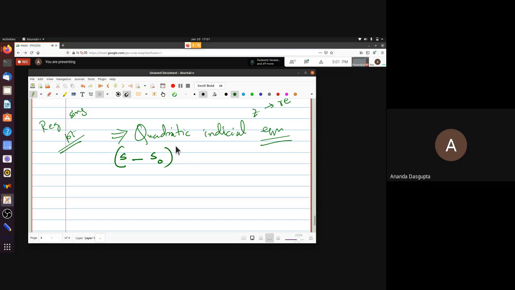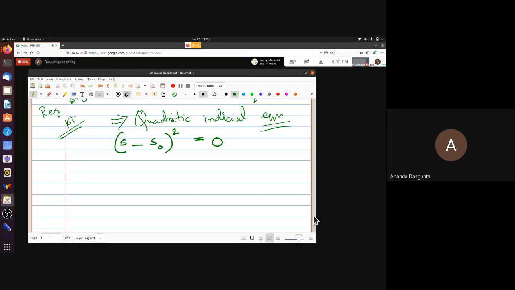One is the indicial equation may end up giving you repeated roots: s minus s0 whole square equals 0. What happens if such a thing happens? Then the Frobenius method, of course, will not give you two indices, and hence it will not give you two solutions.